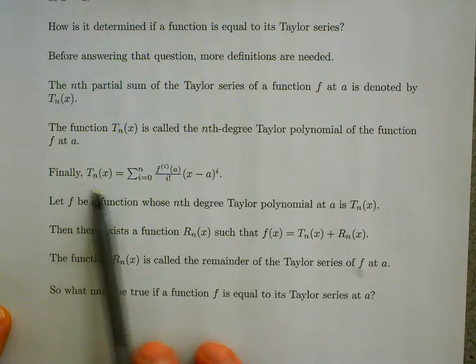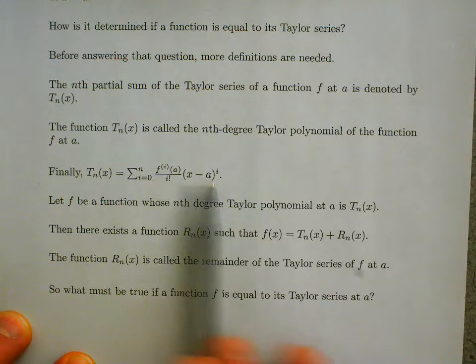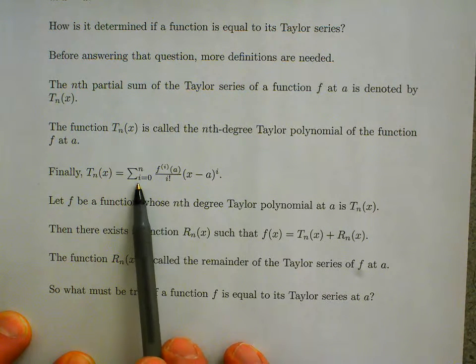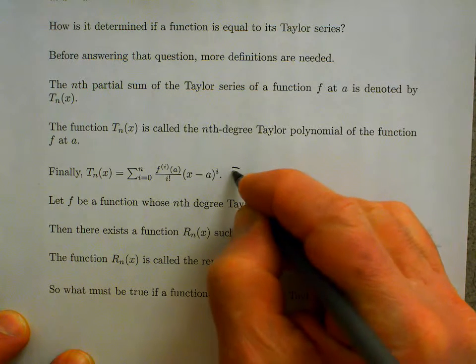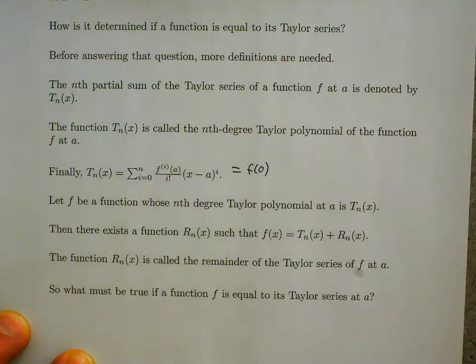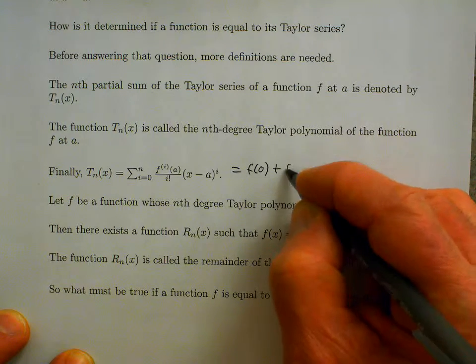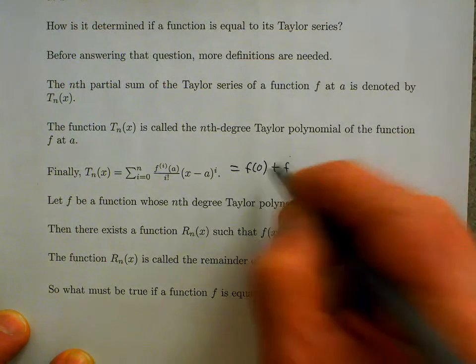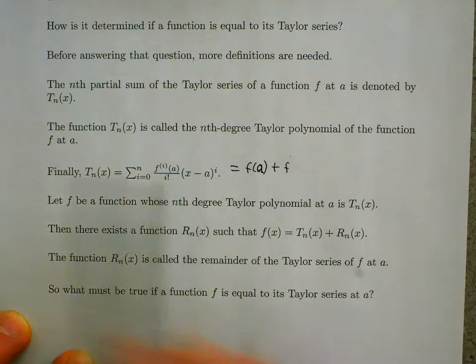So T sub n of x then is just equal to the sum of the terms from the Taylor series where i ranges from 0 to n. So if we write out the terms, the first term is f of a, because this is the Taylor polynomial of f at a.